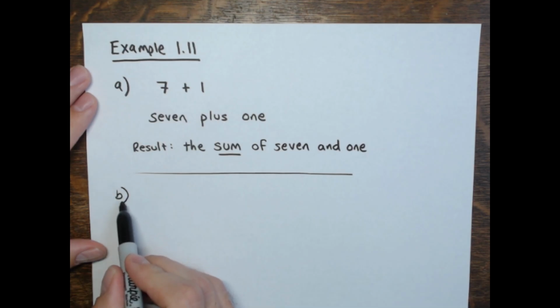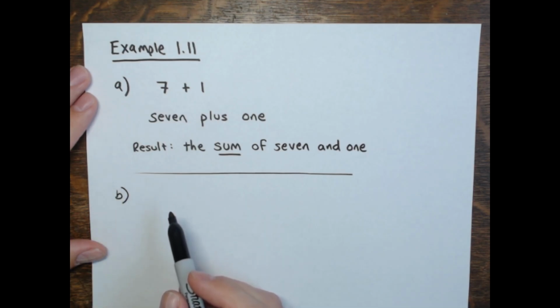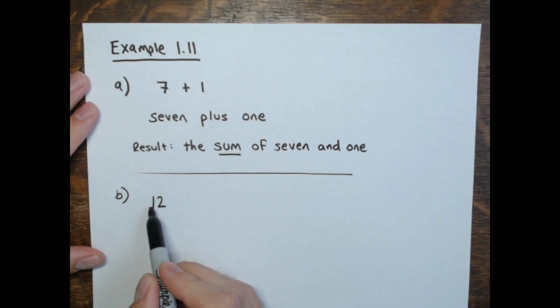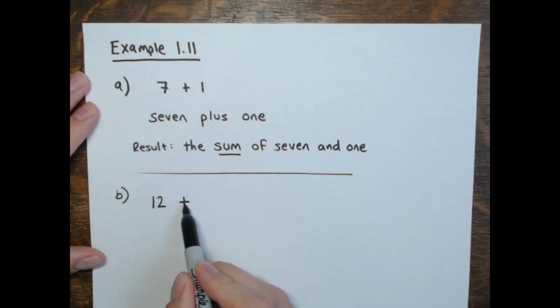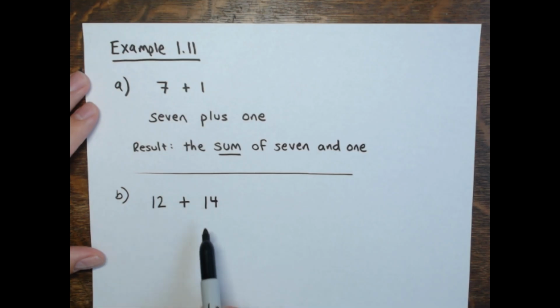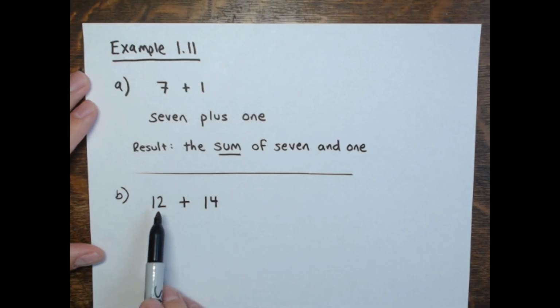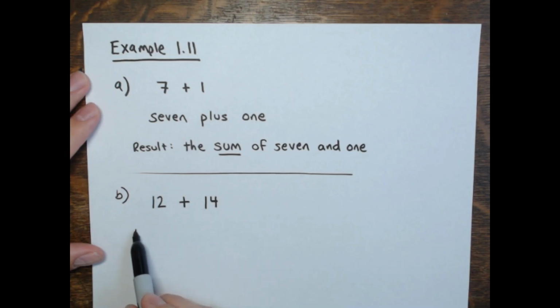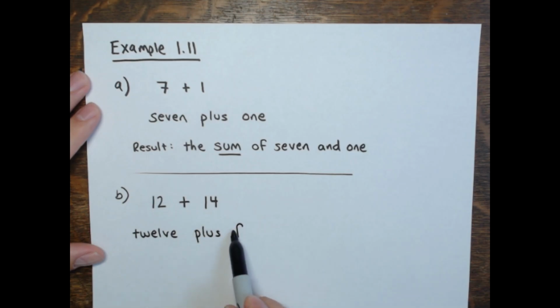In part B, same thing. We're given some expression, numbers with the operation of addition. So it is the number 12. Then you have the plus sign to represent the operation of addition, and then 14. Right? So the two addends are 12 and 14. But if I were to write this out in words, this is 12 plus 14.